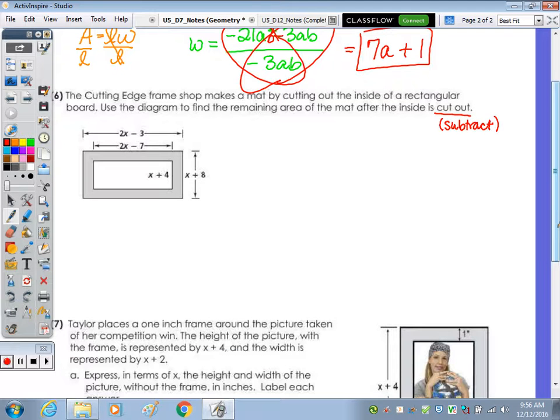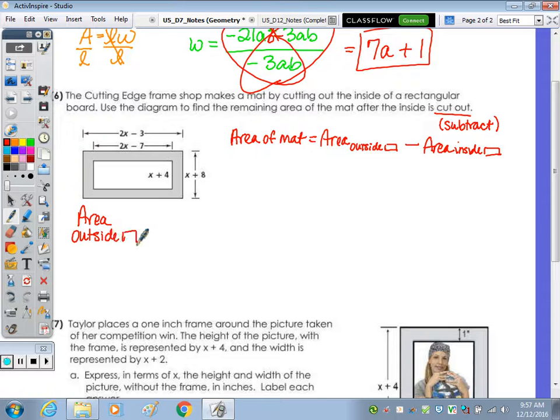Okay, so the total shaded area, the area of the mat, is equal to the area of the larger rectangle, or the outside one, minus the area of the smaller one, or inside rectangle. Okay, so off to the side over here, I'm going to find the area of the outside and the area of the inside.